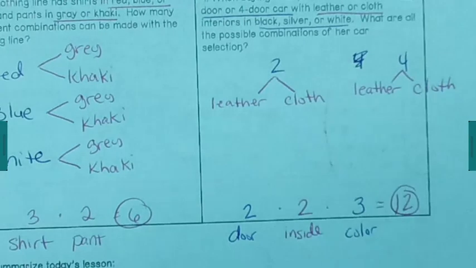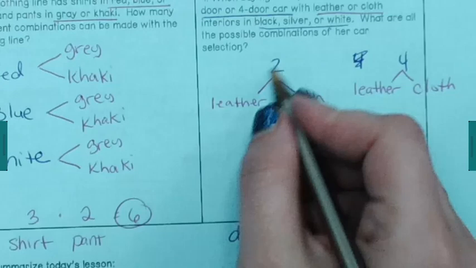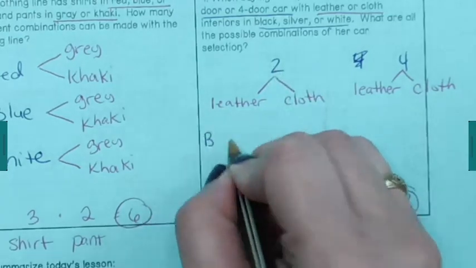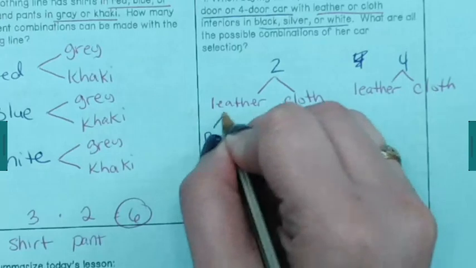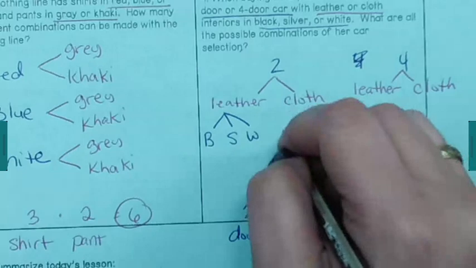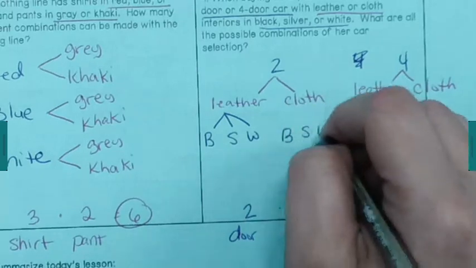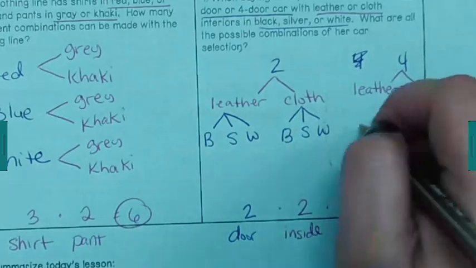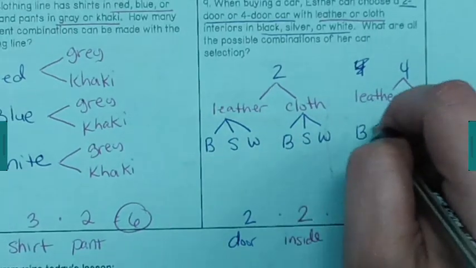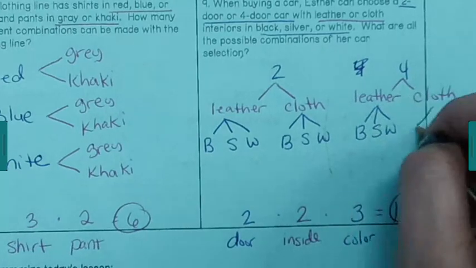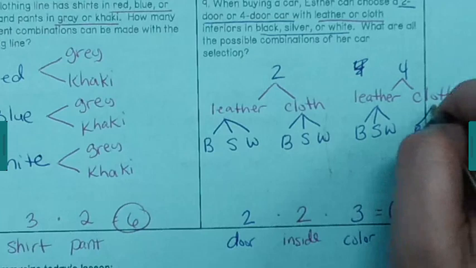Now I'm not done because now I have to do the color. If I get 2-door leather, what are my color options? Black, silver, or white. If I get a 2-door cloth? Black, silver, white. If I get a 4-door leather? Black, silver, or white. And a 4-door cloth? Black, silver, or white. Good.